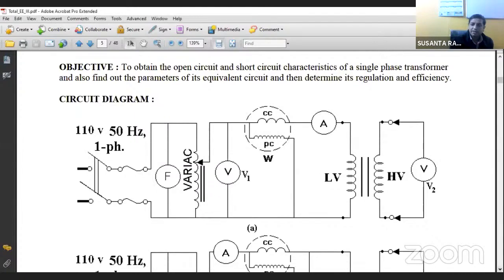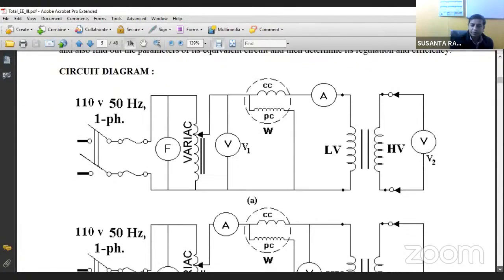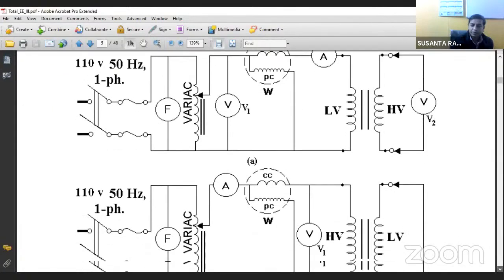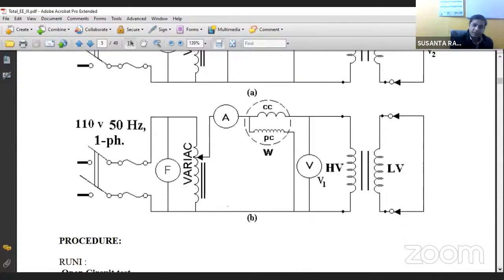Also, you can measure the magnetizing inductance in this way. Can you tell me how you can measure the magnetizing inductance? Divide V1 by IM.